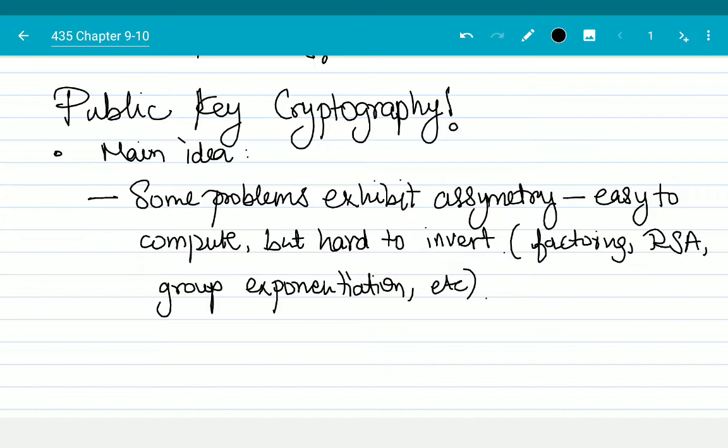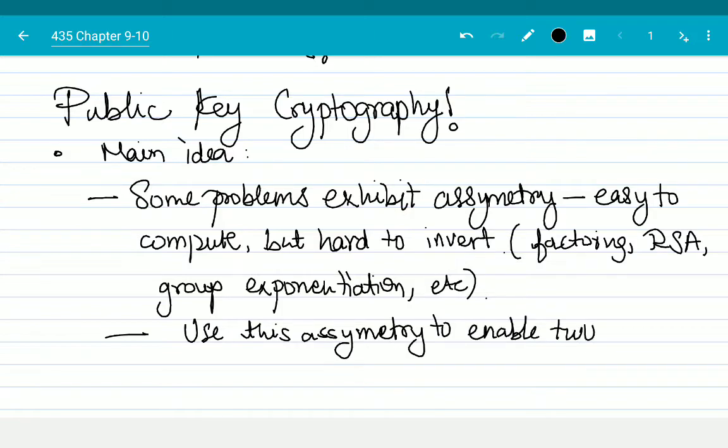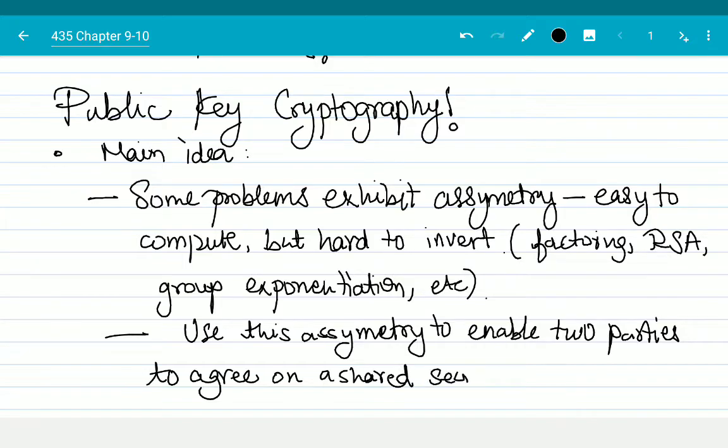So how do you do this? You use this asymmetry to enable two parties to agree on a shared secret key via public discussion.